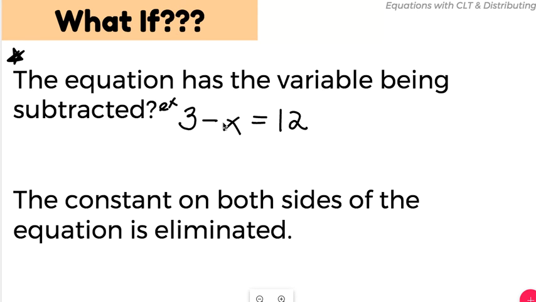Don't copy this down, just watch this part. If you tell yourself, okay, I see subtraction, so that means I add 3 to both sides, I want you to really think about what happened. 3 plus 3 is 6. Did I change anything? Adding 3 to both sides got me nowhere.